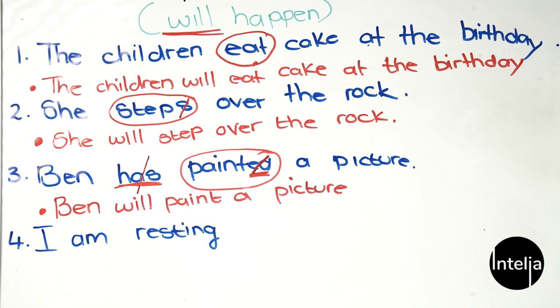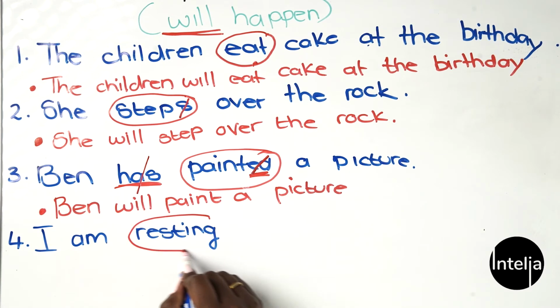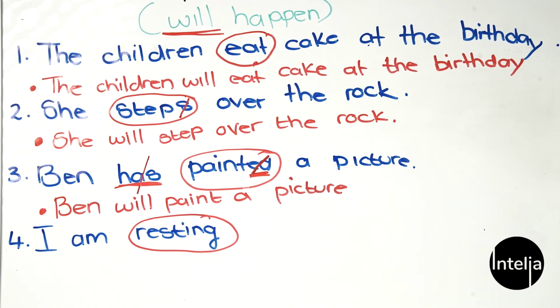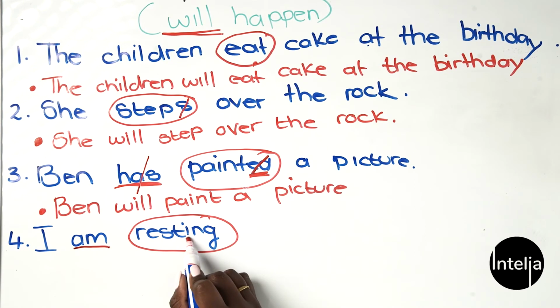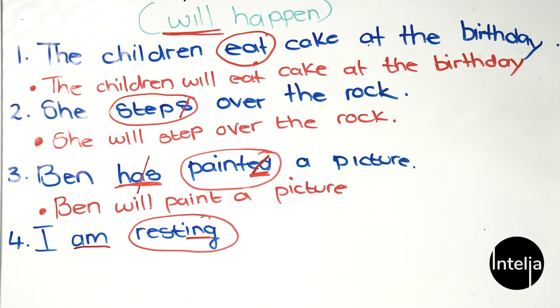I am resting. What do you think our verb is in this sentence? That's right, resting. And this sentence is in present tense. How do we know that? Because of am, our helping verb, and ing, which means it is being done now.